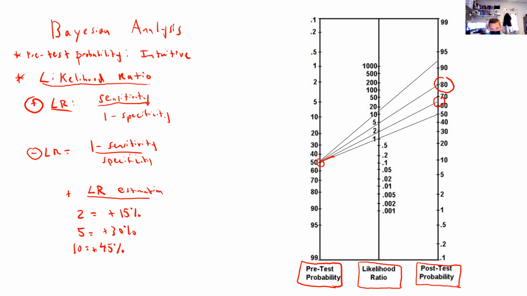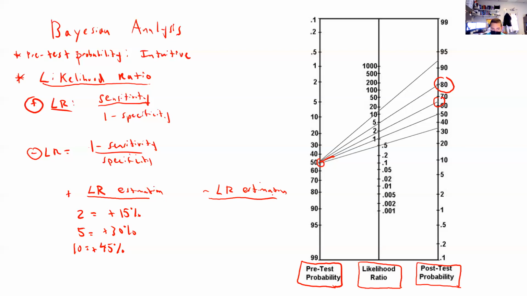And this is similar for negative likelihood ratios. For negative likelihood ratios, to estimate your post-test probability or your clinical suspicion of that disease based on that finding and its likelihood ratio, you can decrease the probability of disease. It follows the same general pattern.